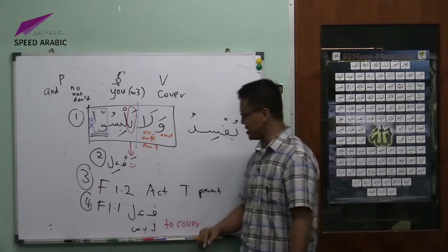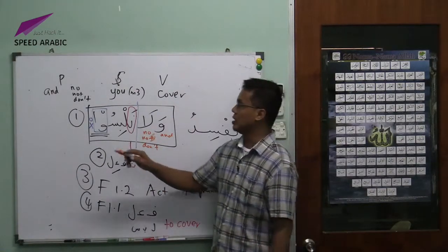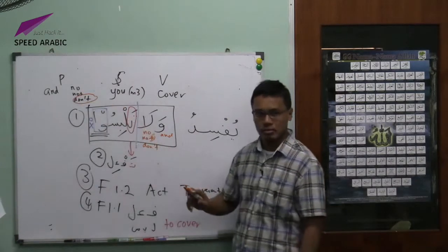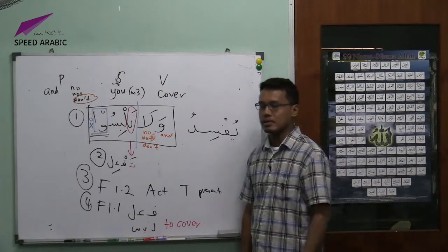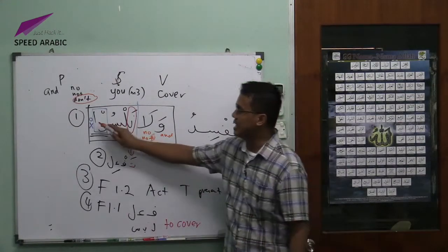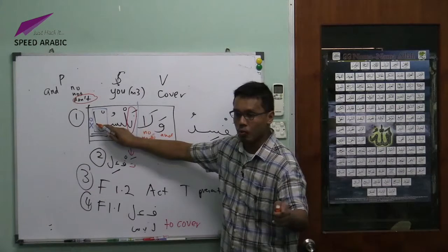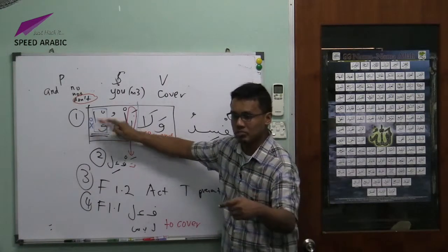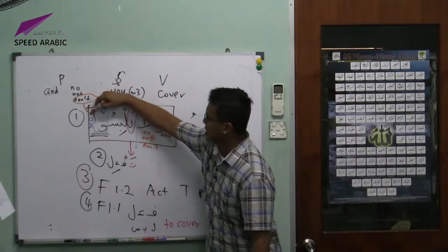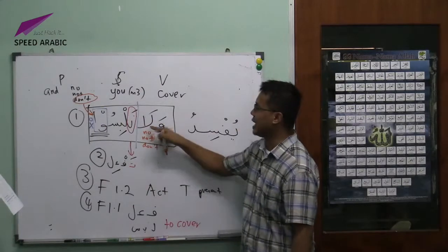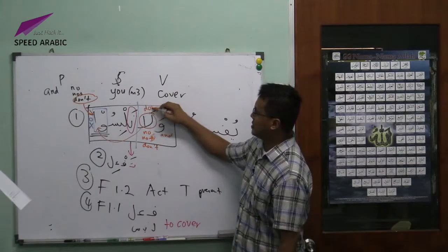So how do you know? This is extra information which we will go into when we take grammar. How do you know it's don't? You know it's don't because of this alif. Usually it is waw nun, waw nun slash waw alif. But when it's alif, most likely the la that comes before waw alif means don't.